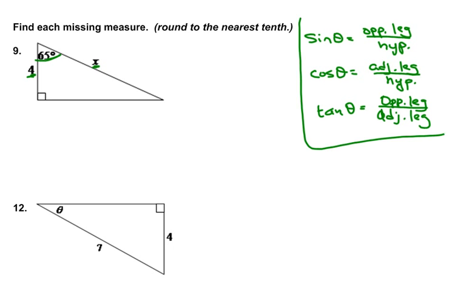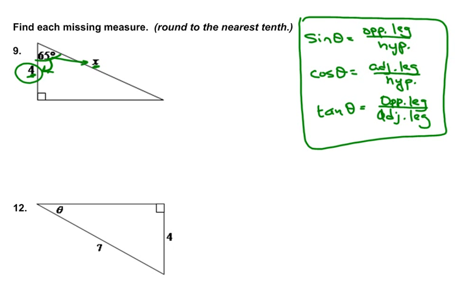So knowing this helps us identify which function we should be using in this problem. Now in this problem I have 4, which is the leg that is adjacent to the angle that we've been given. And I have the hypotenuse that I'm looking for.